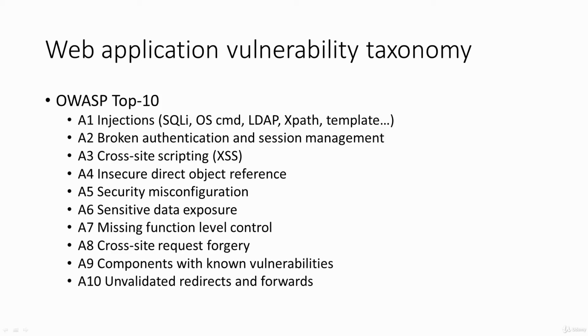So this is what missing function level control is. This means that if you successfully limit the visibility of functionality or limit the access to functionality physically in the browser, on the client side, you still have to check that authorization, that permission to run the function, on the server side.